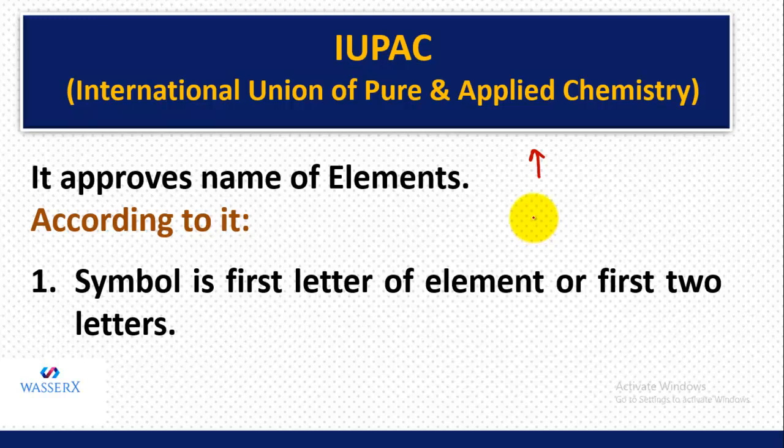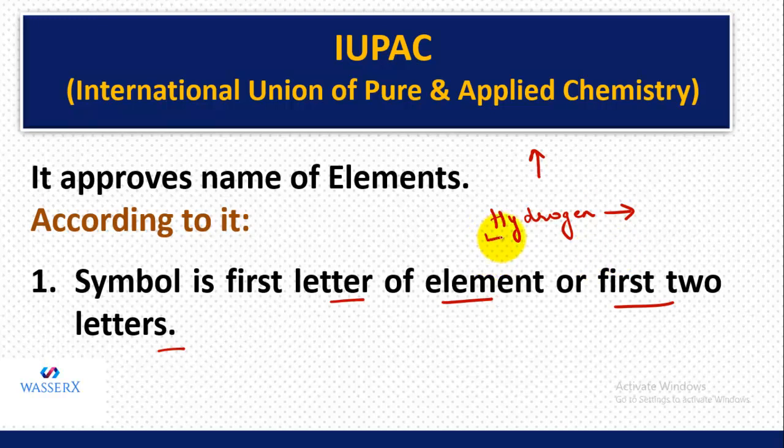According to it, the symbol to represent an atom can be the first letter of the element, or it can be the first two letters. For example, if I talk about the atom hydrogen, what is the symbol of hydrogen?